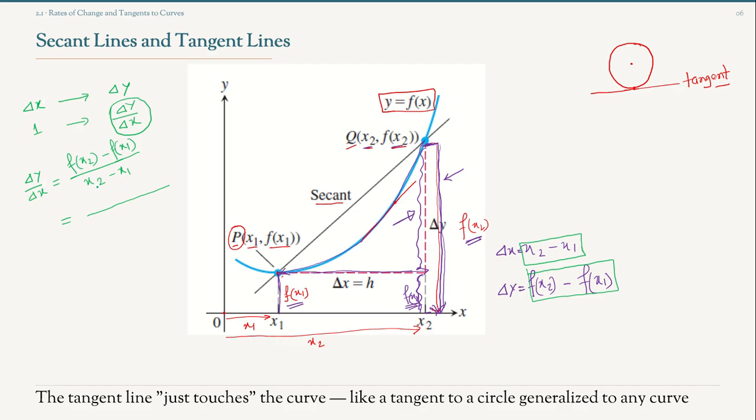That means if we consider x2 minus x1 as h, we can write h in place of x2 minus x1, and over f of x2 minus f of x1. That is basically the rate of change, del x.